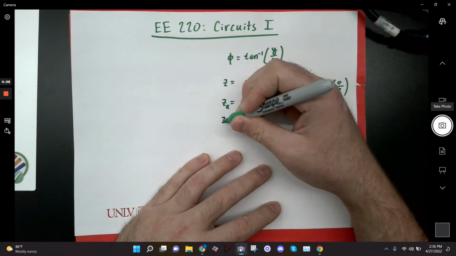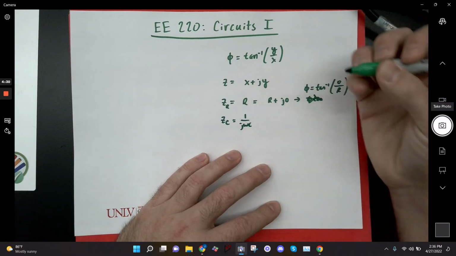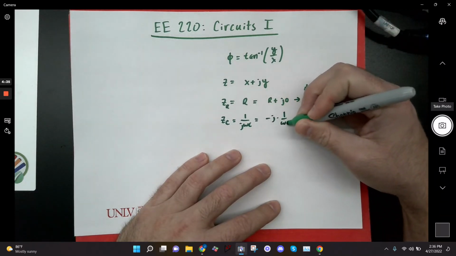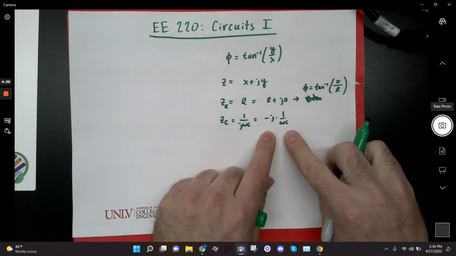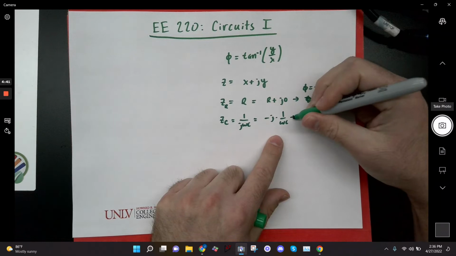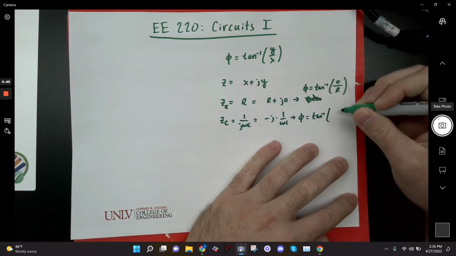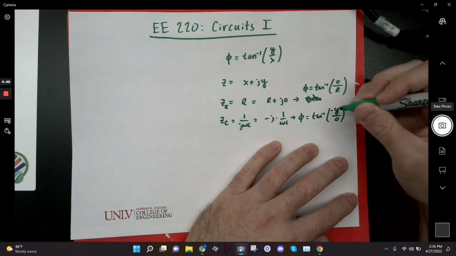Now for a capacitor, it's 1 over j omega C, which is the same as minus j times 1 over omega C, which has no real part. It's 0 minus this. My real part is 0. So if I go to find the phase, I get whatever the imaginary part is, y over 0. But it's going to be negative because of this negative here.